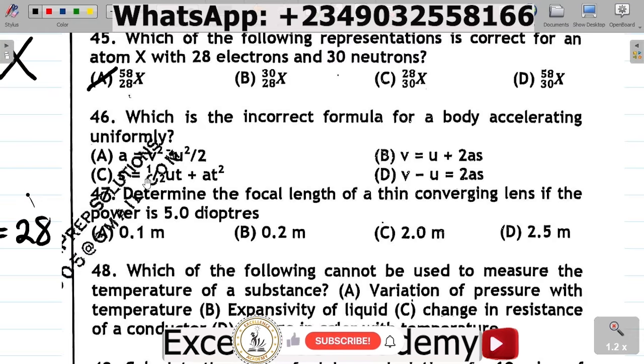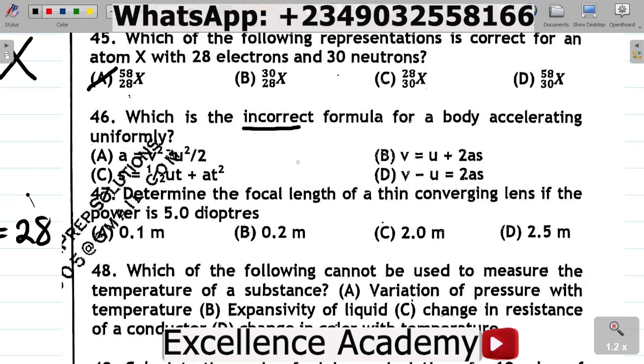No, that should have been S equal to UT plus half AT squared. So that's incorrect. D, V minus U equal to 2AS. That's also not correct. So here, basically, there's no correct option. We're asking for the incorrect formula. Literally everything here is incorrect if you know the equations of motion. So no answer here.